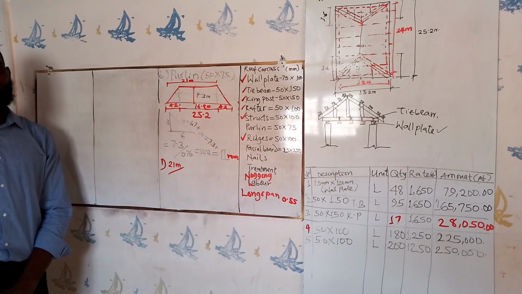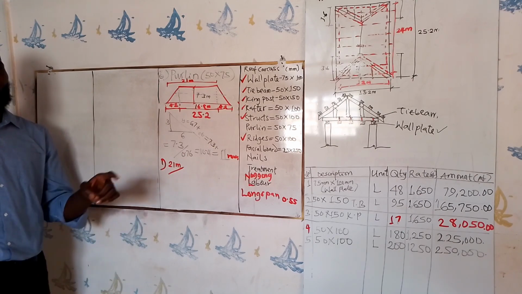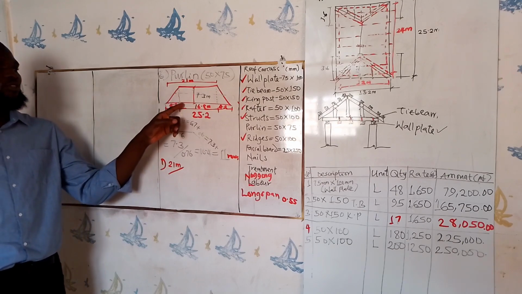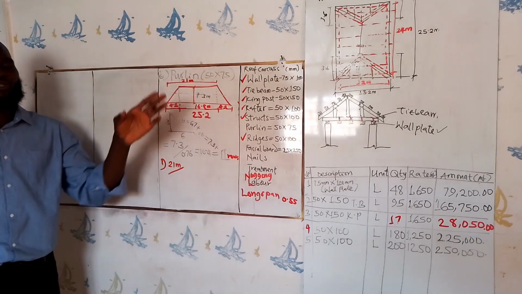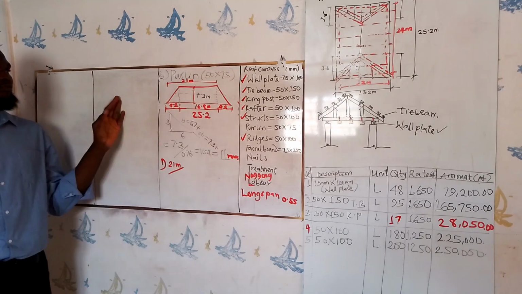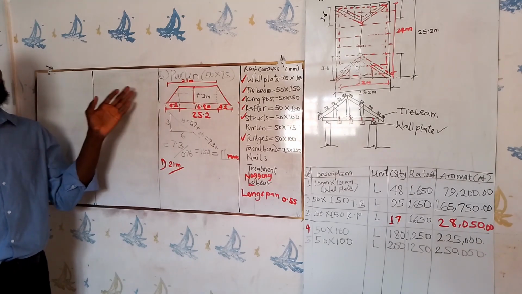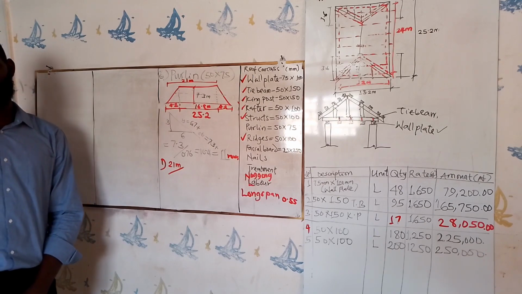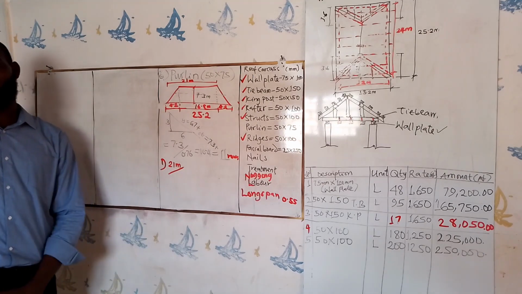It would have been better if we consider 1 meter spacing of the rafters, so that it will be 3 meters. So we have 2 off cuts.